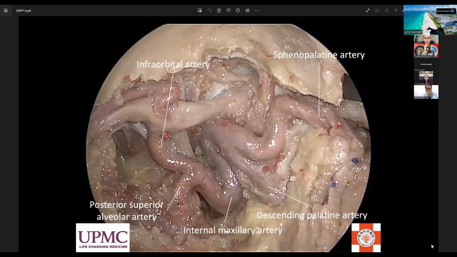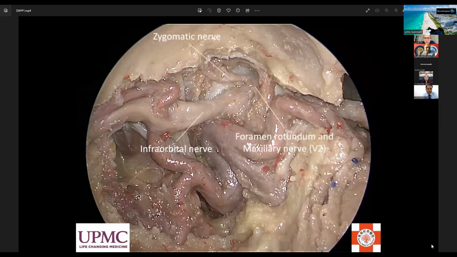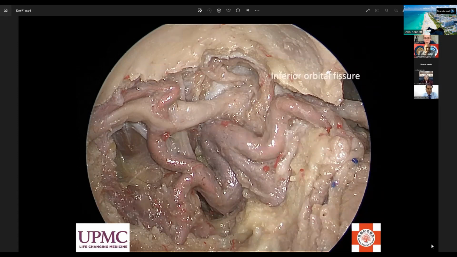After we remove the periosteum and the fat tissue, we can expose all the vascular structures from the right internal maxillary artery, and also the nerve structures from the right maxillary nerve and the right infraorbital nerve. Here is the right inferior orbital fissure, and the pterygomaxillary fissure is here.